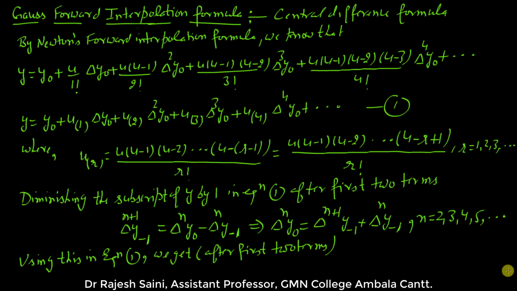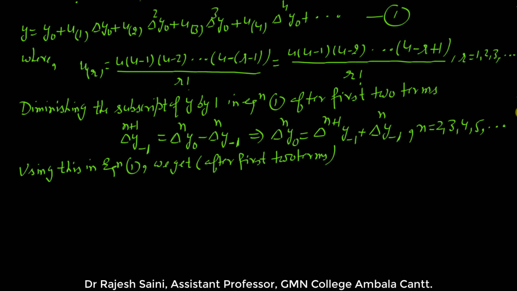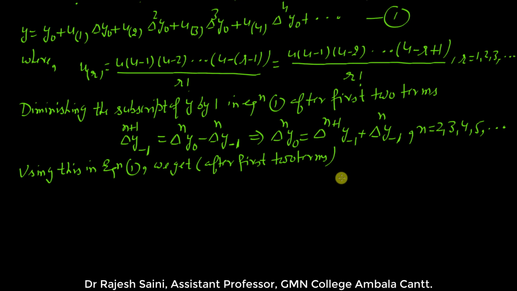Here we will put up the value. This will be y is equal to y naught plus the first two terms written as such, delta y naught plus u2 as such, and instead of this one I am going to substitute this for n is equal to 2.